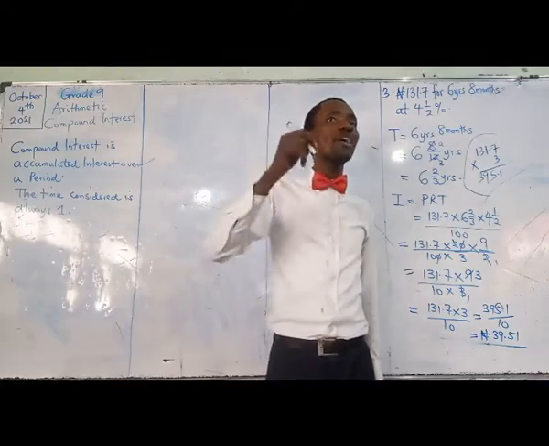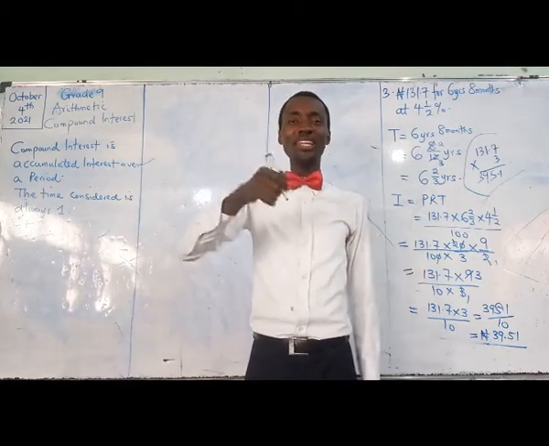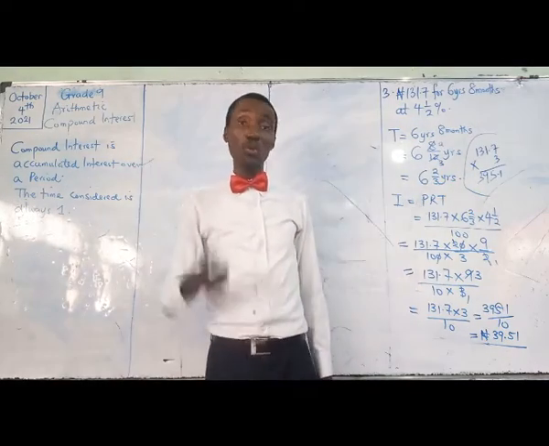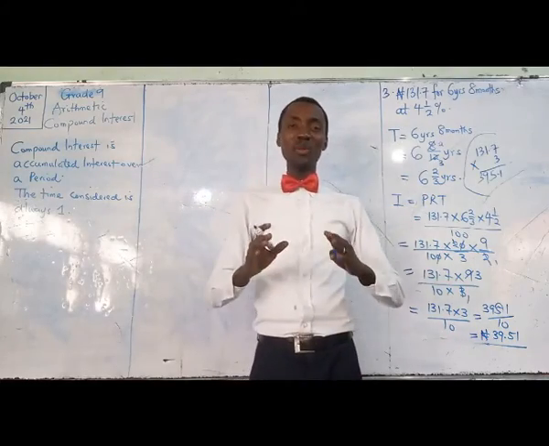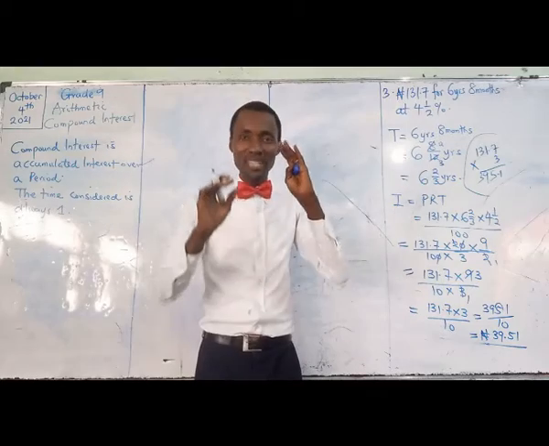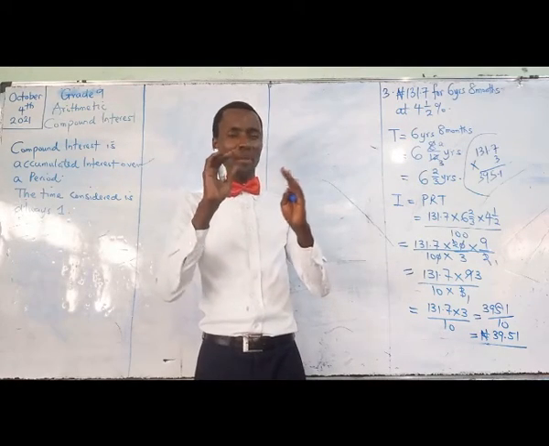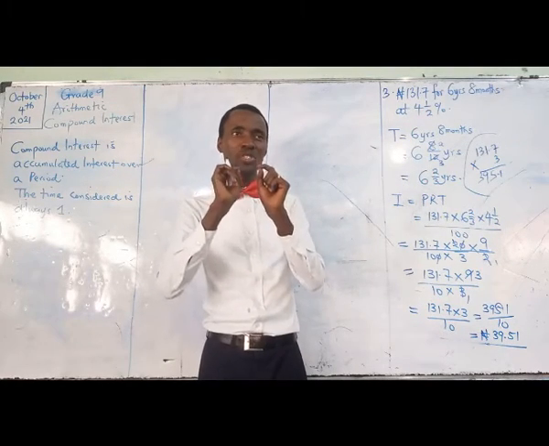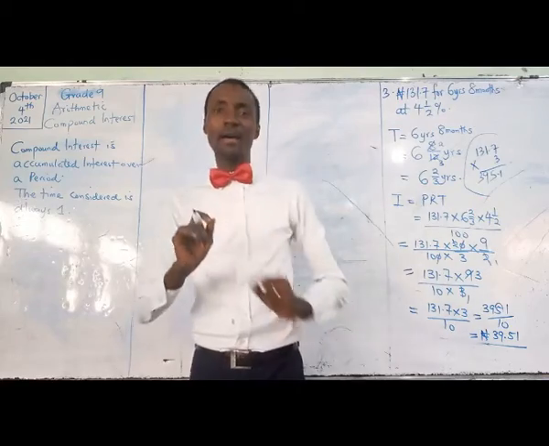It is better when something is compounding than when the interest is what? Simple. So we'll take a problem, and then as we solve the problem, we'll be able to see what's happening. And I'm trusting that as we solve that problem, we'll be able to see compound interest better.